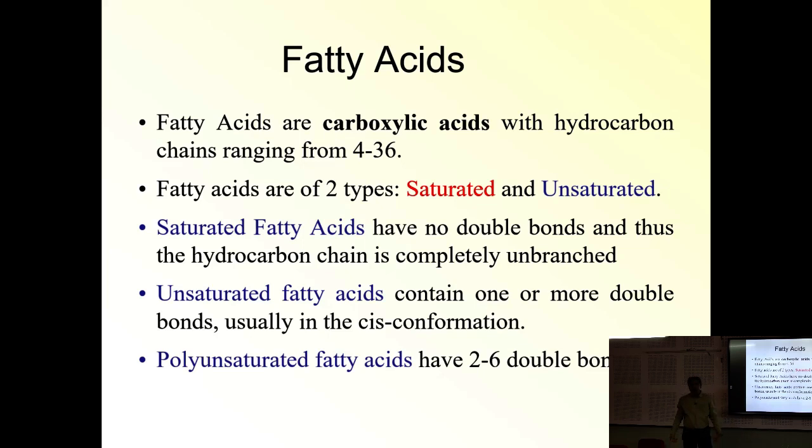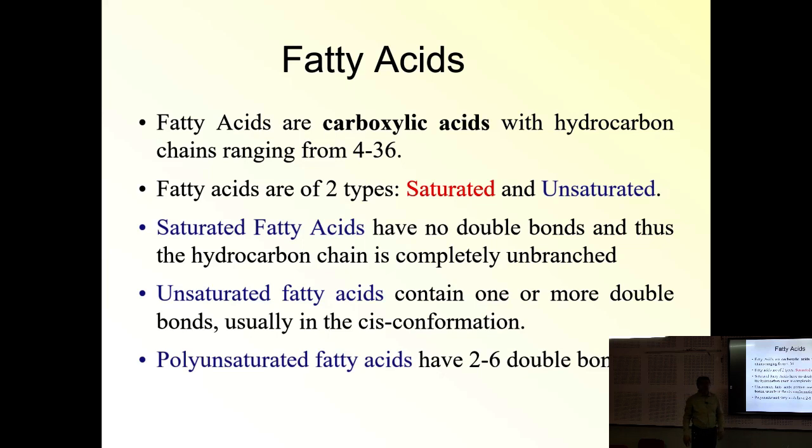Now PUFA, how can you identify PUFA? PUFA means two or more double bonds, or 2 to 6 double bond system. Unsaturated fatty acids are also classified as MUFA and PUFA. Now what is MUFA? MUFA means monounsaturated fatty acid. Another term is PUFA. PUFA means polyunsaturated fatty acids. Now what is the difference?